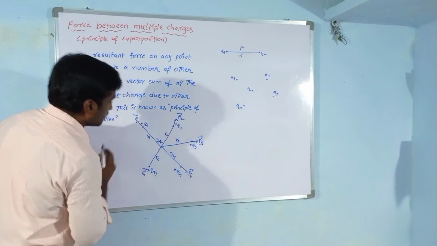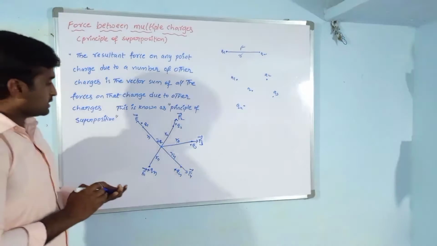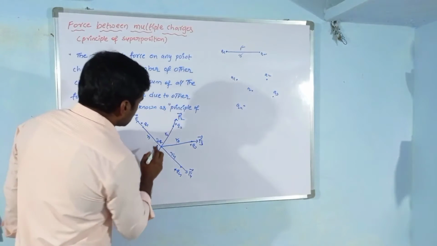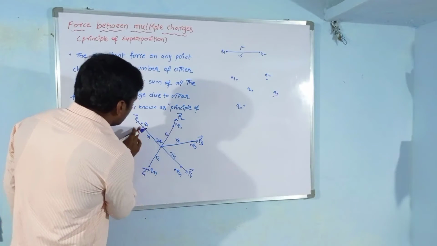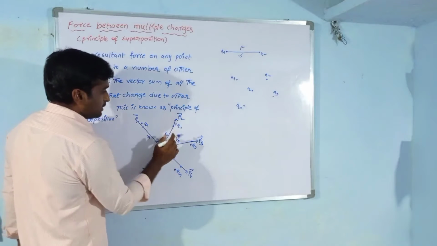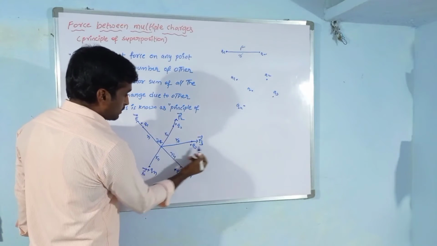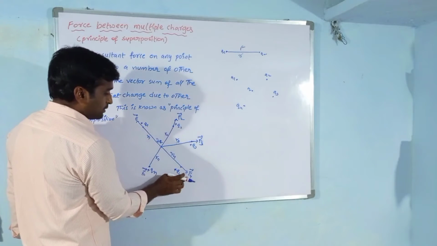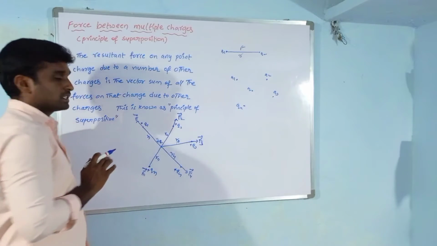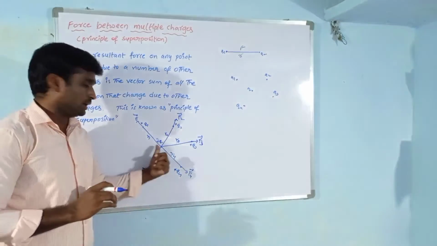This is Fn. R1 is the distance between Q1 and Q, R2 between Q2 and Q, R3 between Q3 and Q, R4 between Q4 and Q, and Rn is the distance between Qn and Q.